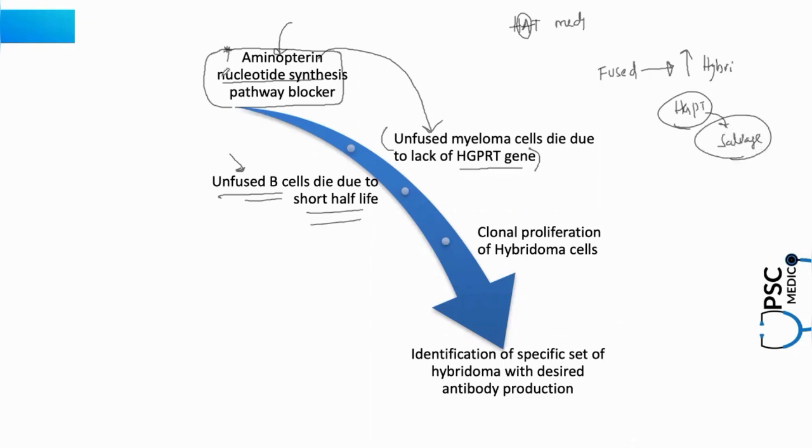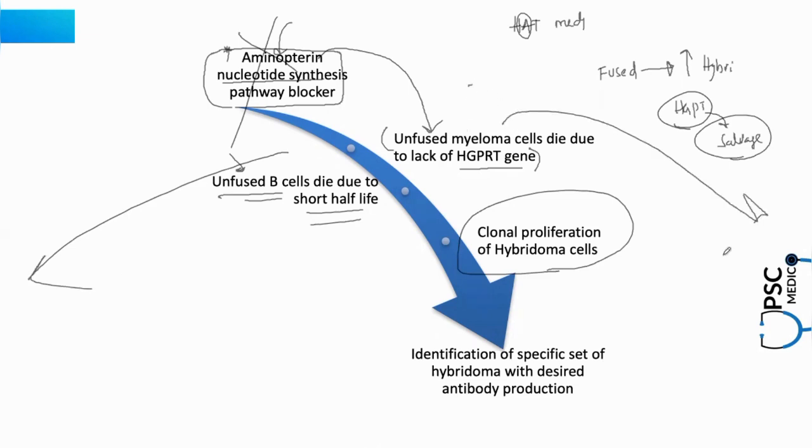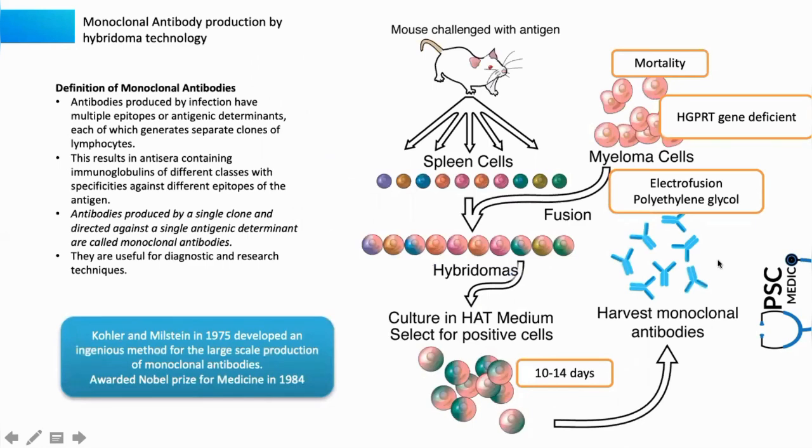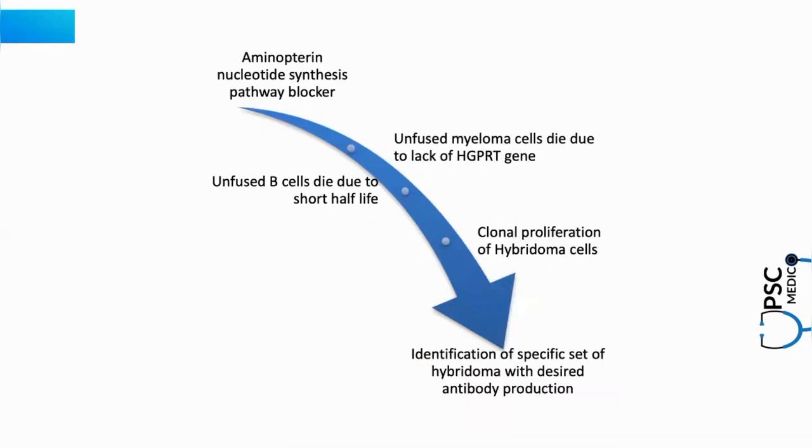Salvage pathway gets activated, the normal pathway is disturbed, and there is only clonal proliferation of hybridoma cells. Unfused B cells die. Myeloma cells which are not fused will also die. Only hybridoma cells survive, and these hybridoma cells are specific, with desired antibody production. So this is hybridoma technology, or monoclonal antibody production by these hybridomas.